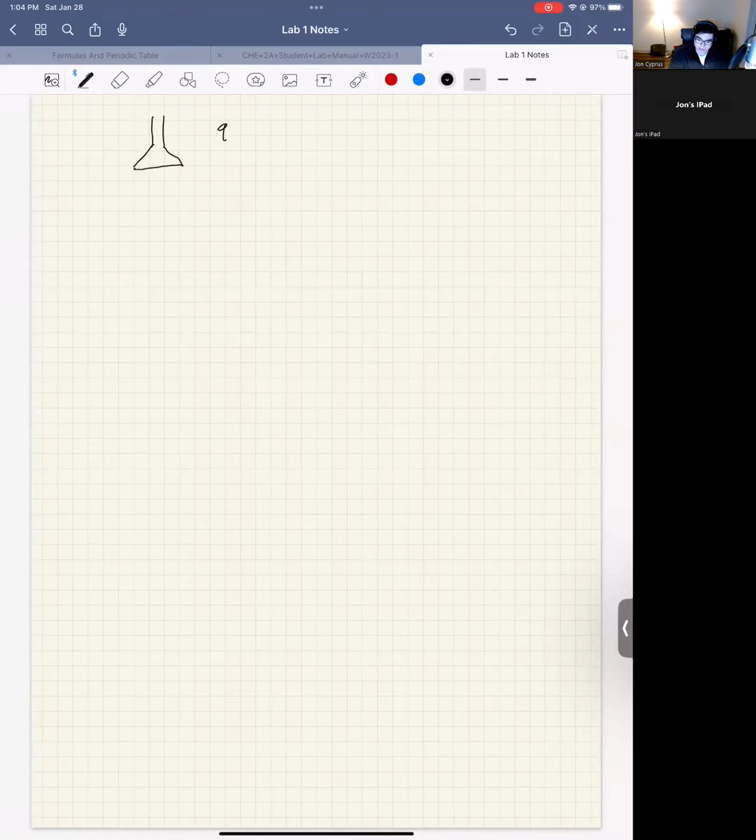So let's say it is 93.274 grams for this Erlenmeyer flask. All right, so that was the empty flask. Then, with your pipette, you pipetted 10 milliliters of water.